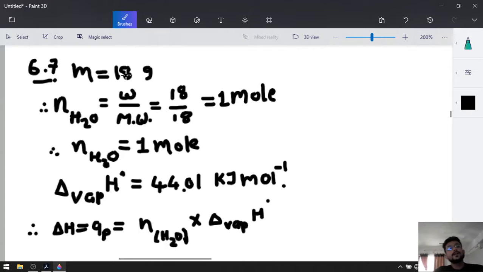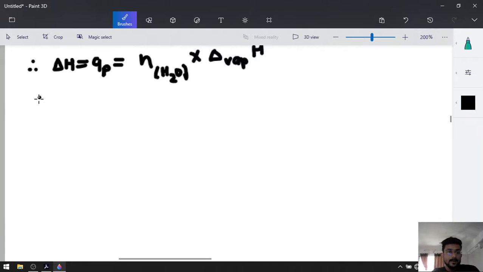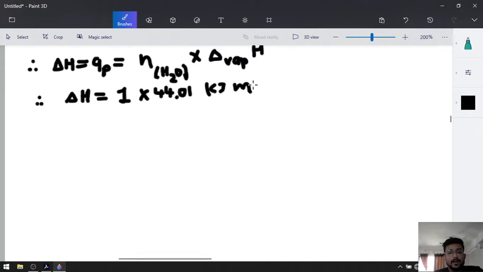Suppose there is 36 grams, so n will be 2 mole. Remember that. Therefore, delta H or QP, the heat required, will be equal to 1 mole of water on the body of the swimmer into the vaporization enthalpy 44.01 kilojoule mole inverse.